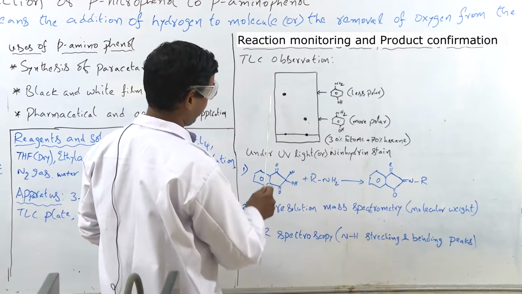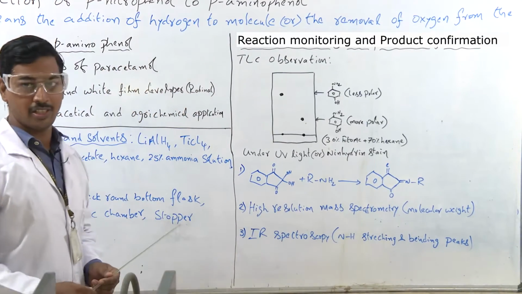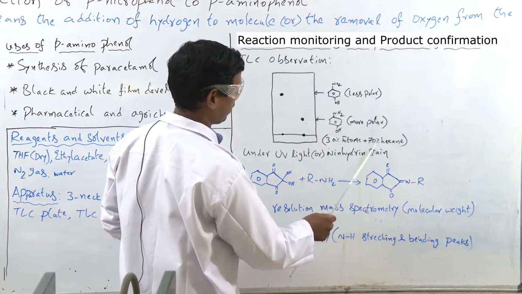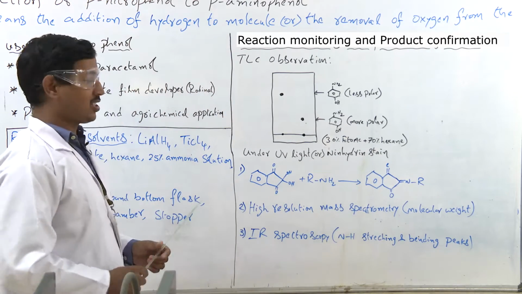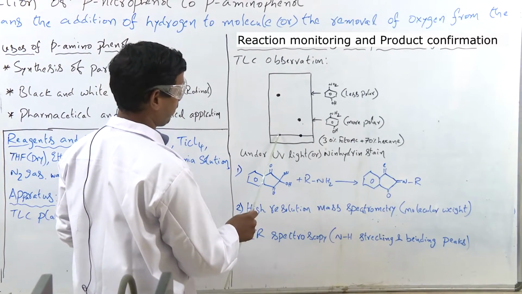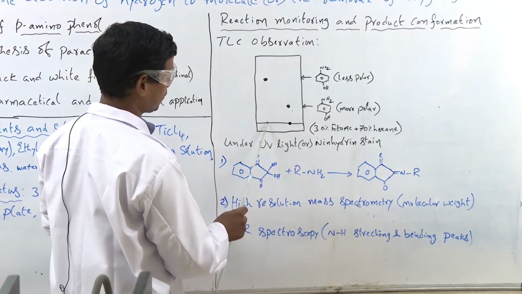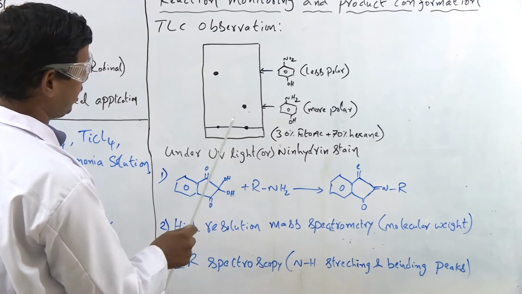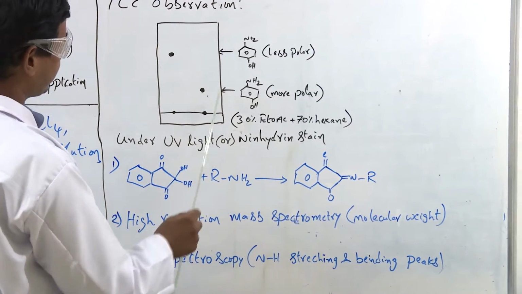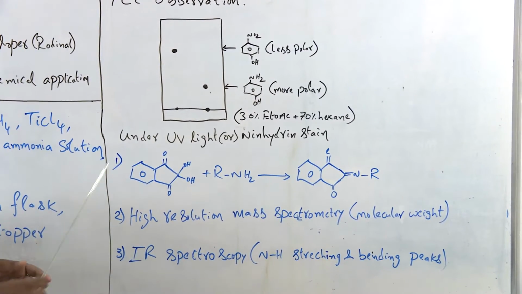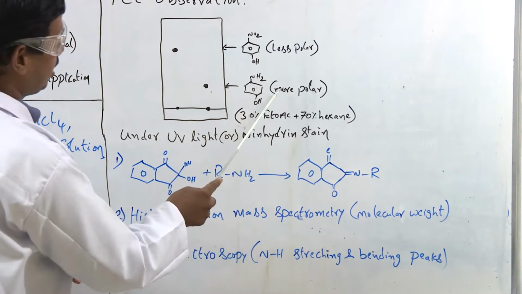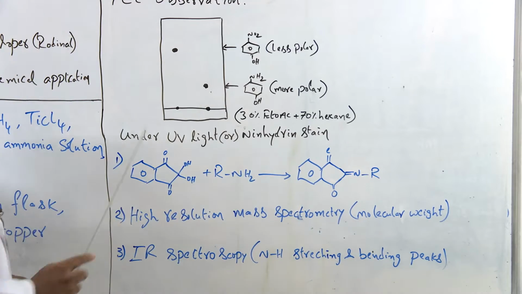The TLC plate is the stationary phase, and for the mobile phase we use 30% ethyl acetate and 70% hexane. Using a capillary tube we spot two spots on the plate: the first is the starting material, the second is the reaction mixture. When we run the TLC in the mobile phase, the less polar compound moves higher, and the more polar compound moves less height.